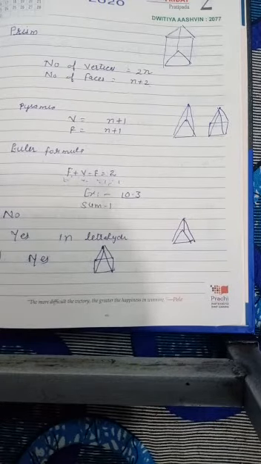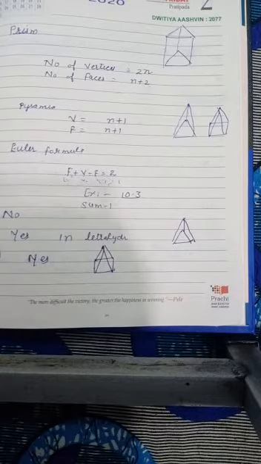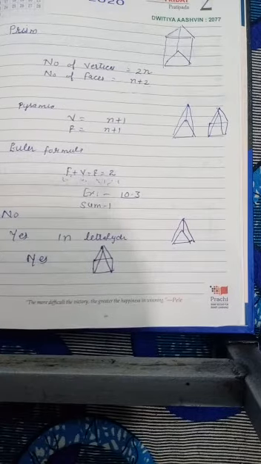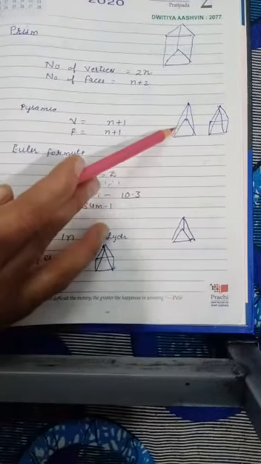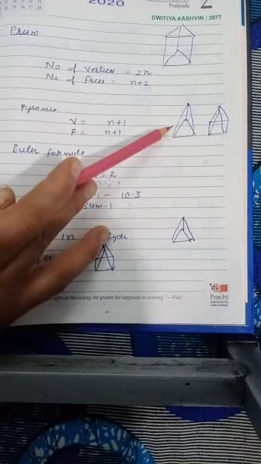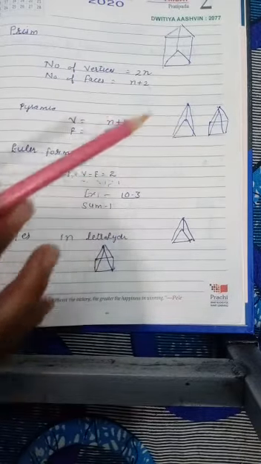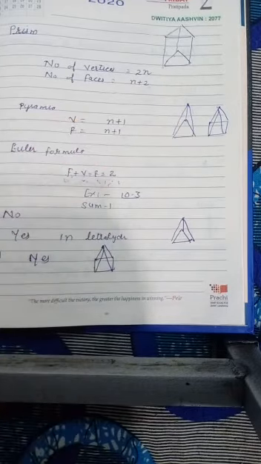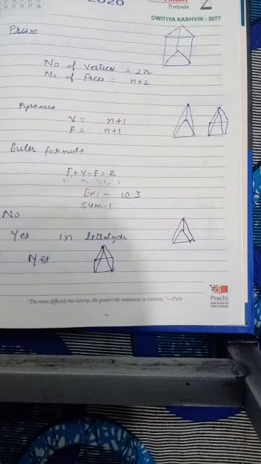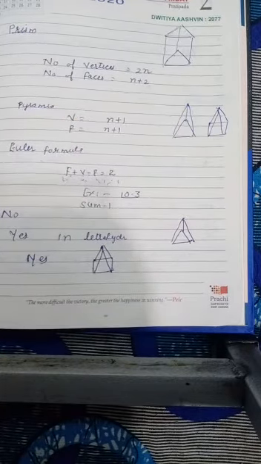So we can't say 3 triangles are possible; minimum 4 triangles are possible. Just see in tetrahedron, it is the smallest polyhedron we can say. In this also the number of triangles is 4. Clear? So we can say 3 triangles are not possible.